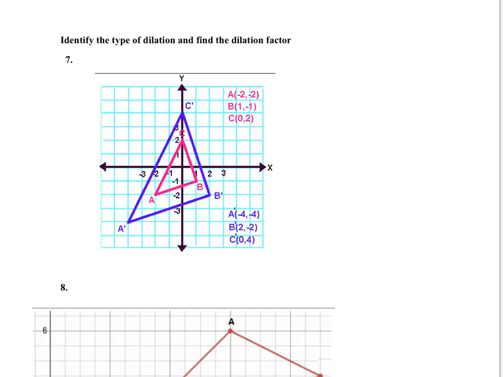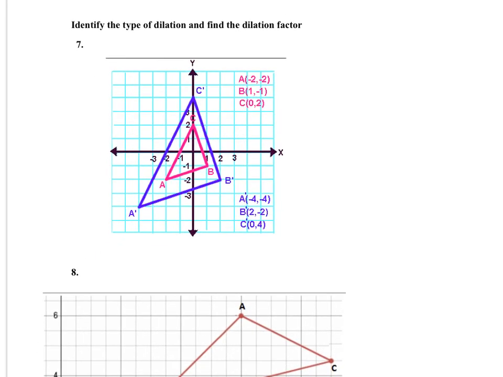Okay, for number 7, it says identify the type of dilation and find the dilation factor, or the scale factor. So you can look at the two figures and you'll see that the original figure is inside. So inside you'll see A, B, C. Then on the outside of that you see A prime, B prime, and C prime.